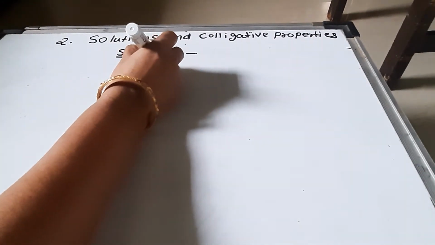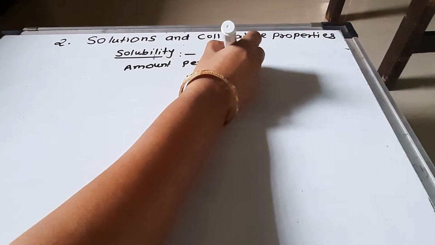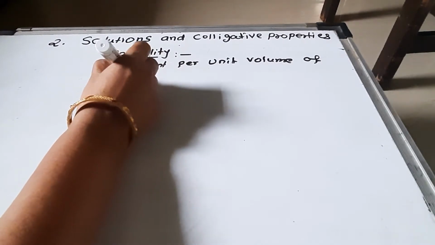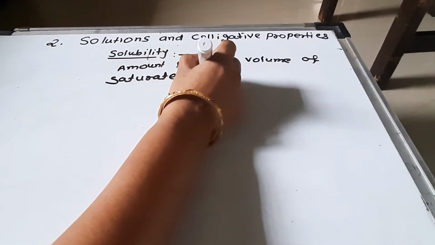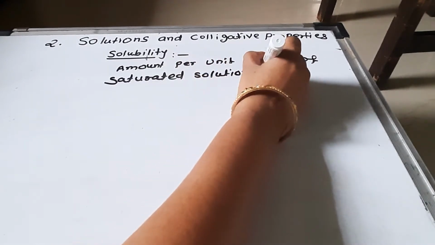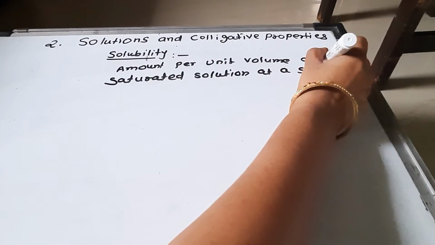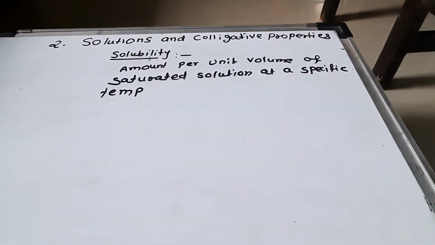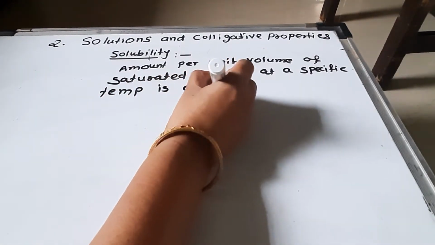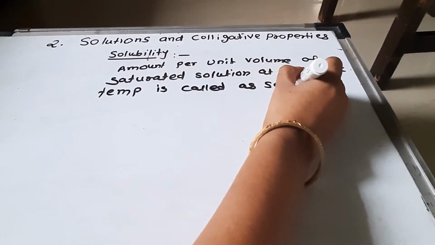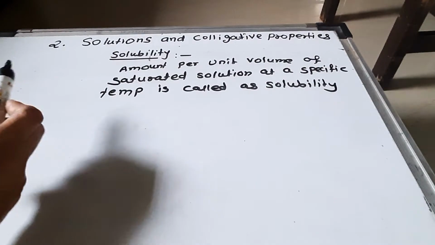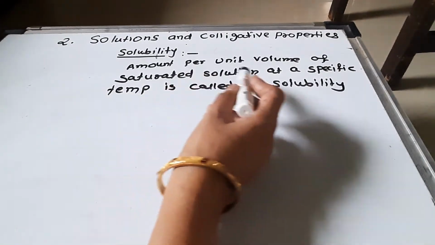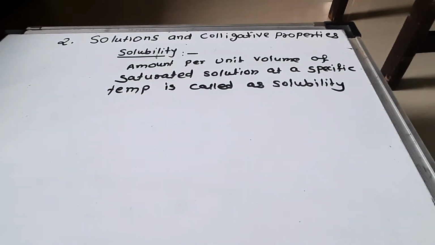Amount per unit volume of saturated solution at a specific temperature is called solubility. The specific amount per unit volume of saturated solution at a specific temperature is called solubility.